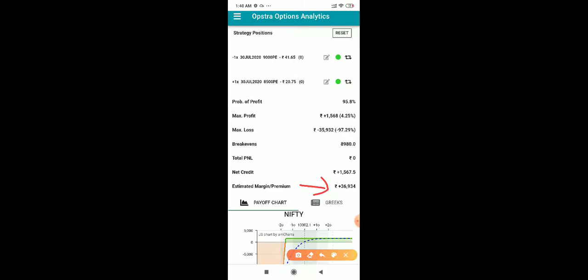That gives in long run very good returns to our capital. So selecting the vertical spreads in today's scenario I have explained.